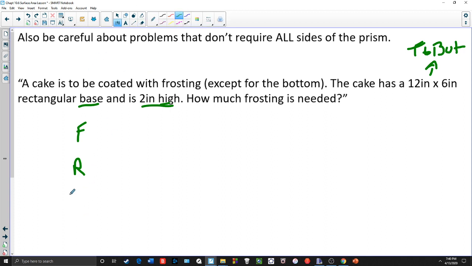So front, right, top, or you can do front, left, bottom, or you can do back, right, top. Again, as long as you have one of the pairs, it's fine. So front and back are a pair, left and right are a pair, and then top and bottom are a pair. So as long as you have one of each pair, you're good for using our little trick here.